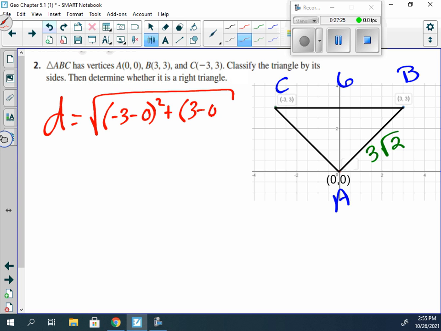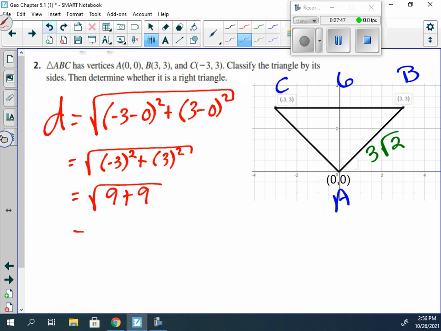The y values would be 3 minus 0. What is negative 3 squared? 9. 3 squared is 9, and 9 plus 9 is 18, the square root of which would reduce to 3 square root of 2. So what can we classify this triangle as, based off its sides?